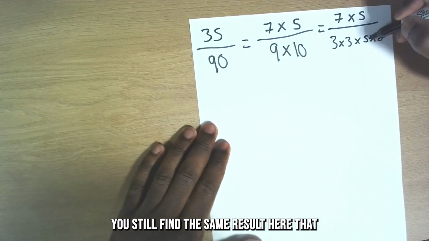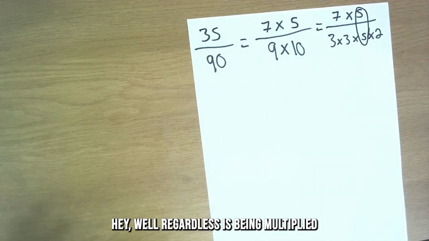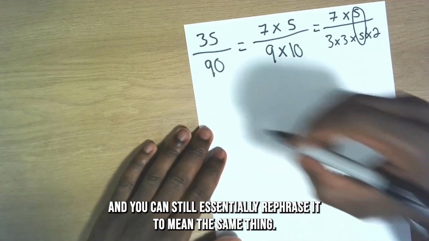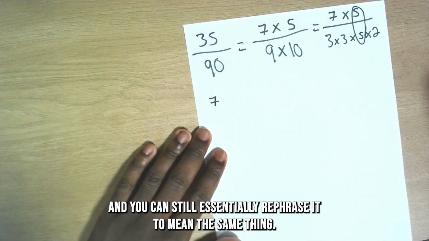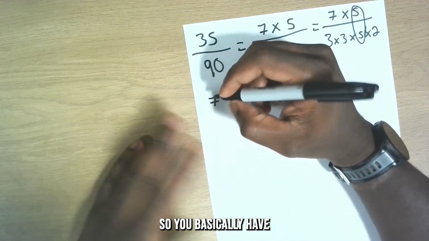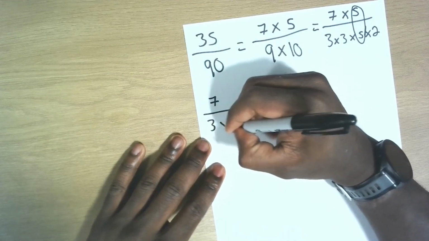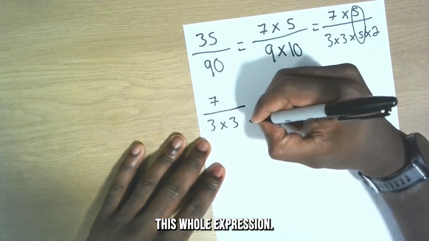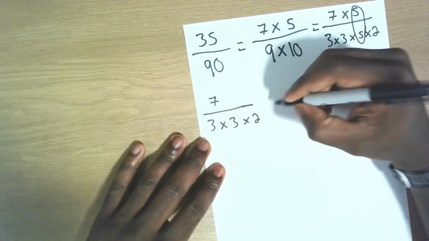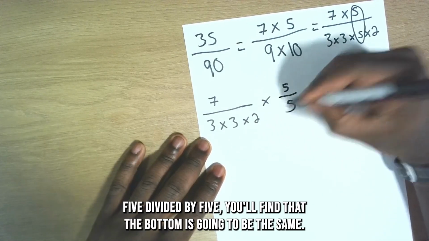You still find the same result here that, regardless, it's being multiplied, and you can still rephrase it to mean the same thing. So you'll basically have this whole expression, and then all of that multiplied by 5 divided by 5.